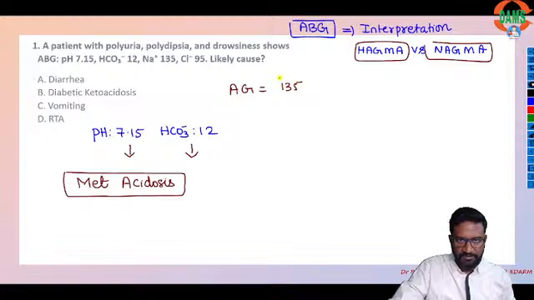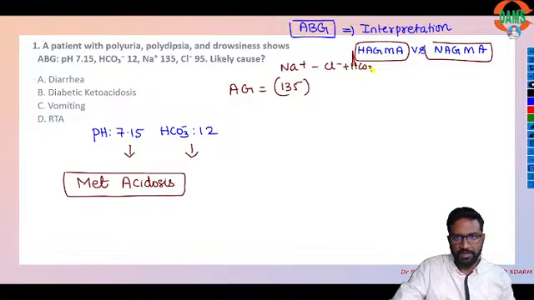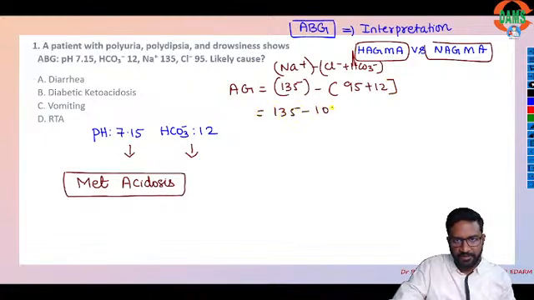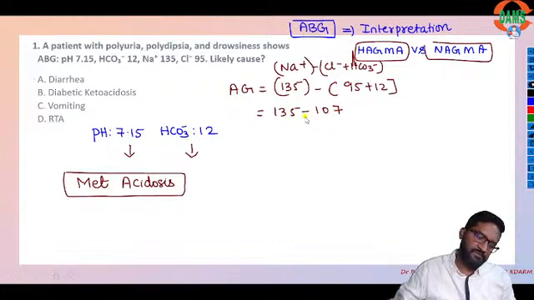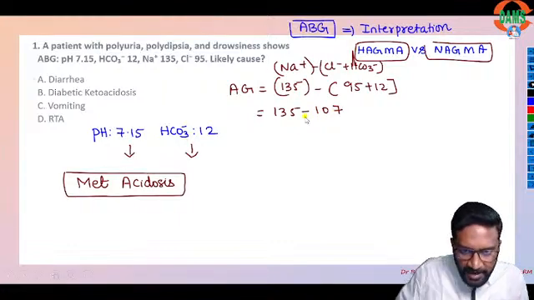It is sodium, the formula, this is very important, minus chloride plus bicarbonate. This is the standard formula. How much is chloride? 95 plus bicarbonate 12. So it is 135 minus 107. So how much is the anion gap?